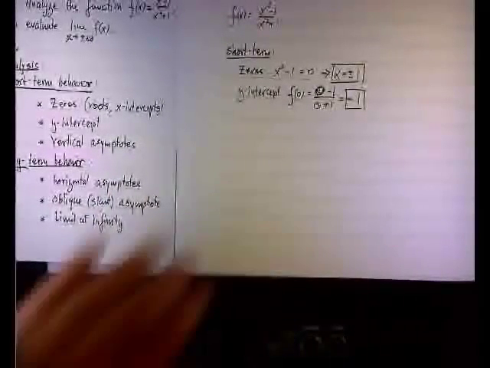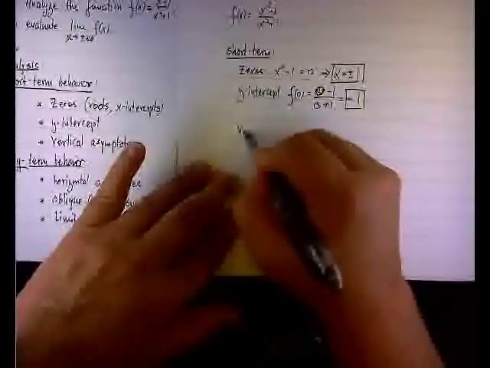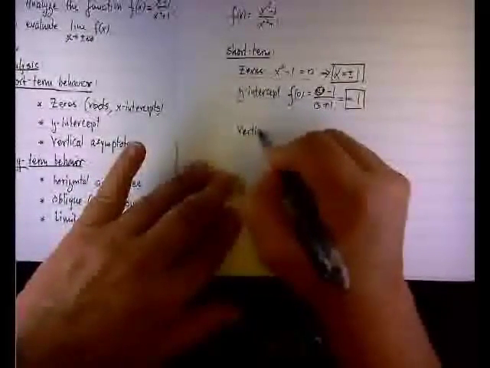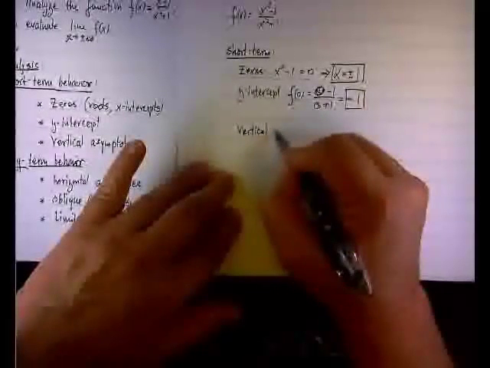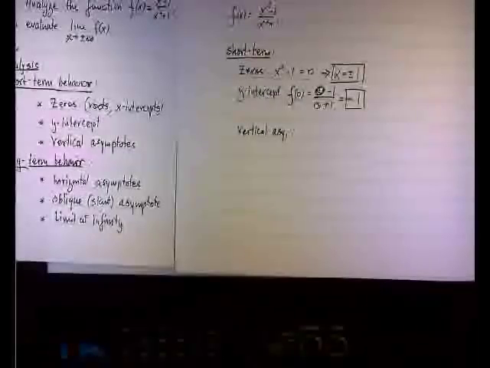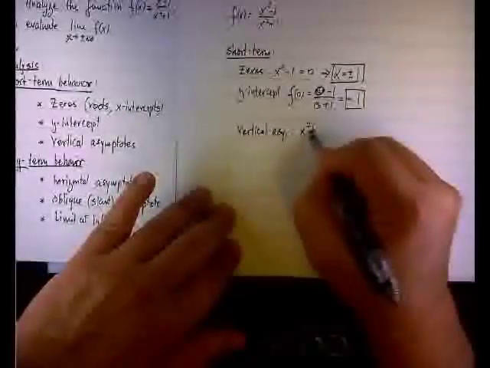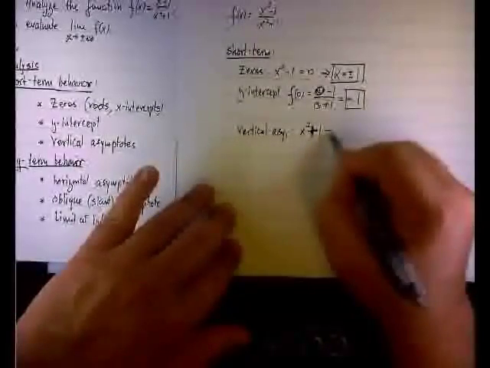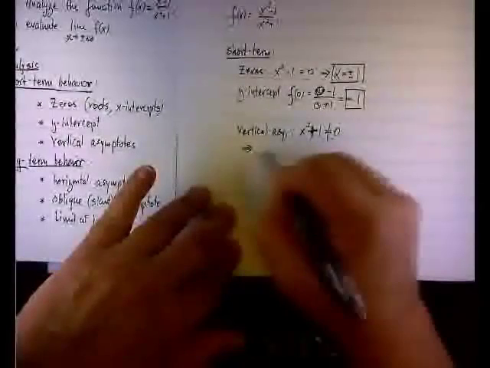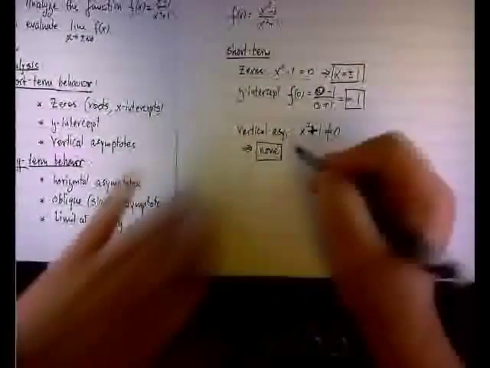Okay. What about vertical asymptote? For vertical asymptote, basically we're looking for the denominator to equal 0. But since x squared plus 1 can never equal 0, we end up having no vertical asymptote.